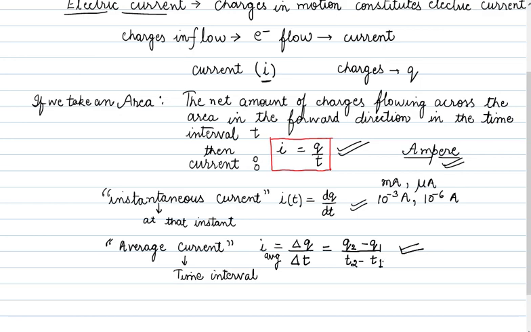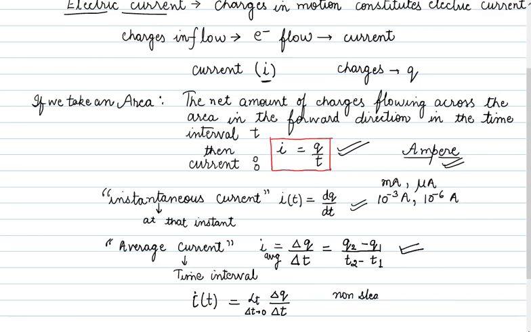Now let us come to the two types of current. If I take this current I, it is a function of t, and this is the variation in the charge with respect to the variation in the time, or the change in the charge divided by the change in the time. And if we take this limit delta t tends to 0, then we call this non-steady current.